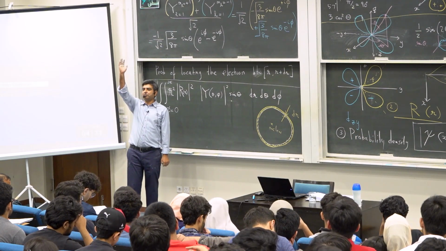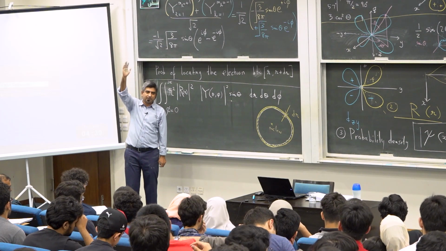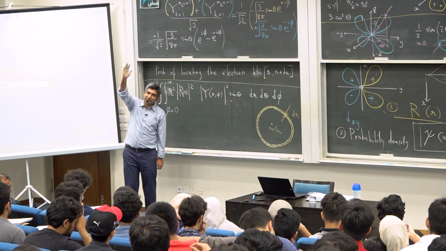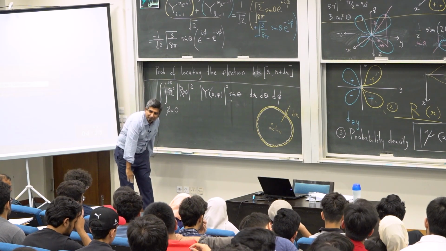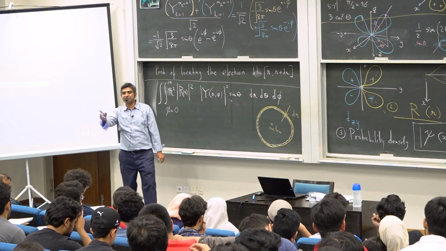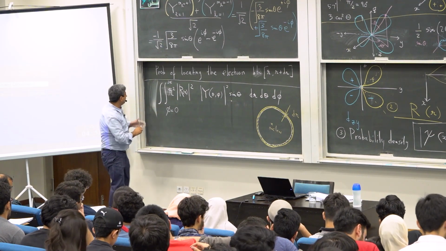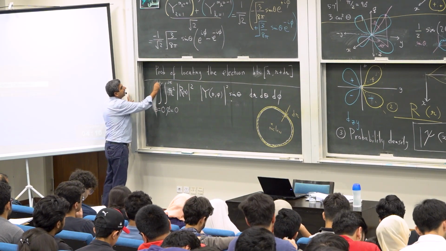Theta starts from 0, and where does it end? Speak up, don't be afraid. Pi, 180 degrees. I don't need to go all the way to 360 degrees because my phi takes care of that. So my theta goes from 0 to pi.